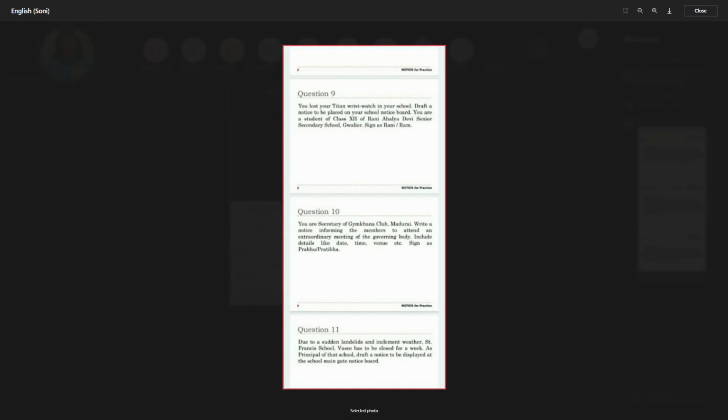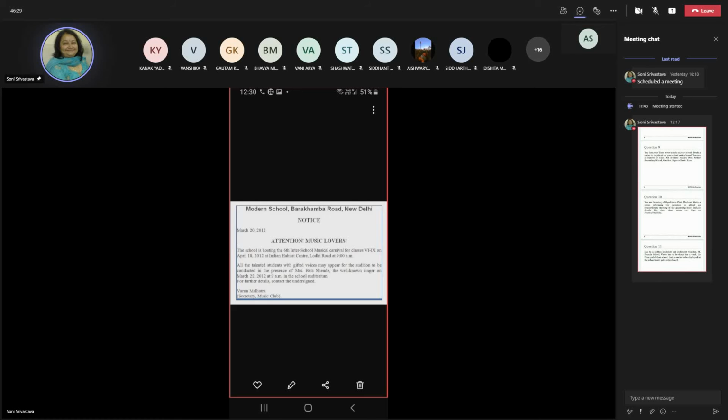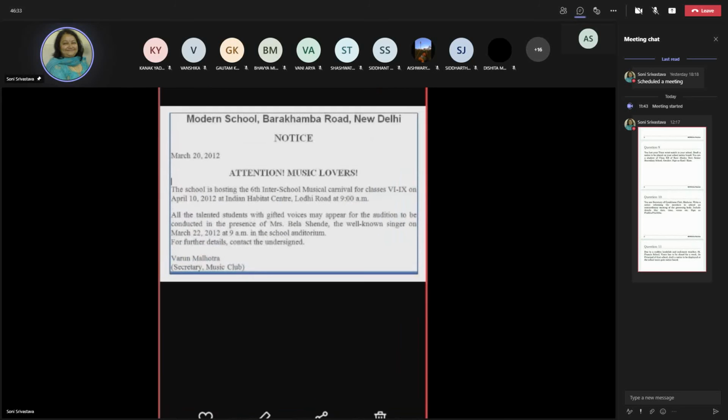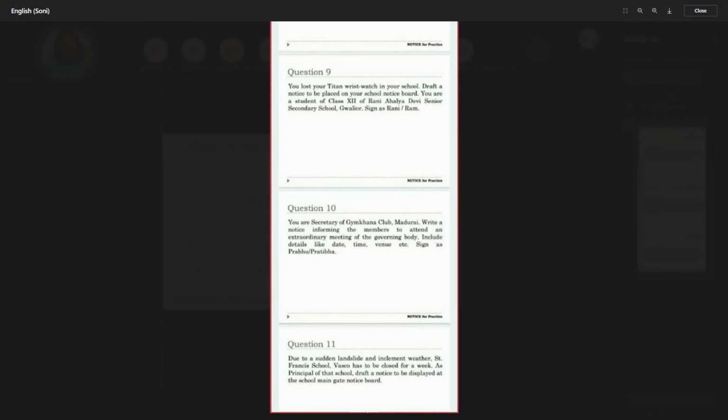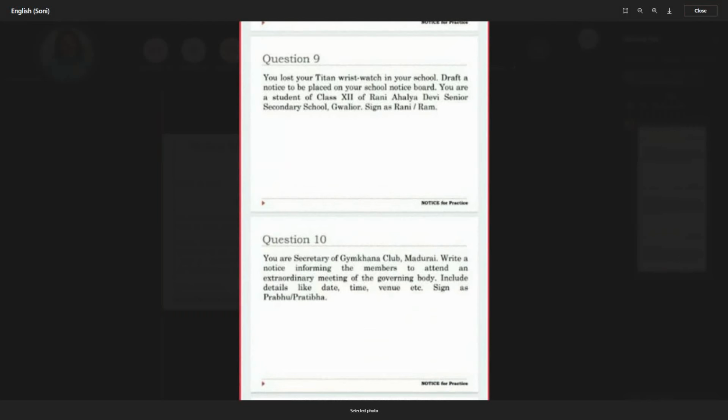Is it visible? Just see this sample. Either you can write in capital letters or you can underline it. By chance, if you've forgotten, no need, not in a rush, but at least underline it.